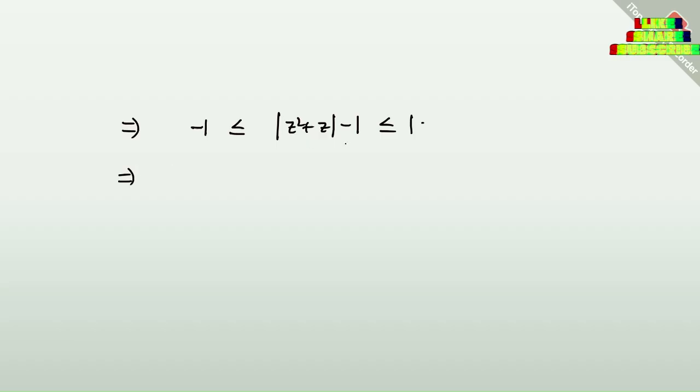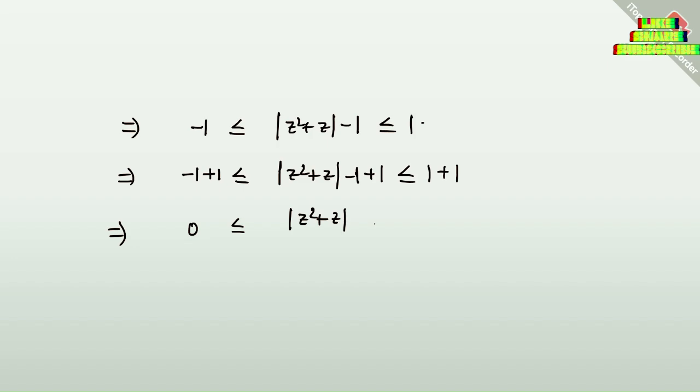Now if we add 1 to all the sides of the inequality, therefore minus 1 plus 1 is less than or equal to mod of Z square plus Z minus 1 plus 1 is less than or equal to 1 plus 1. So what we have obtained here, 0 is less than or equal to mod of Z square plus Z, and this is less than or equal to 2. So this is the bound of mod of Z square plus Z.